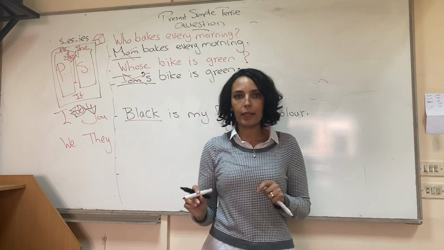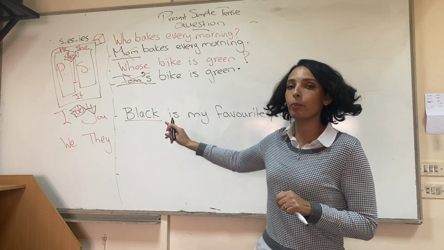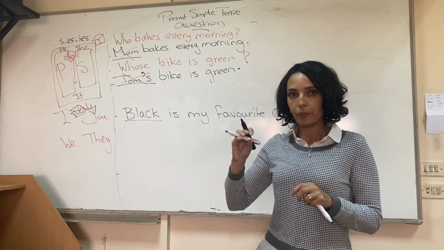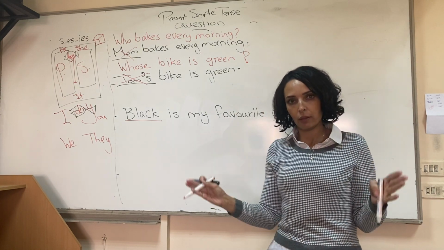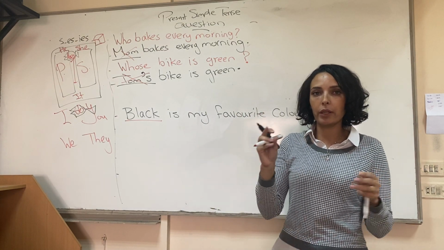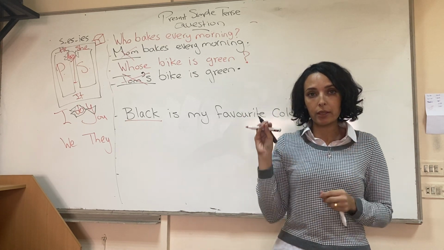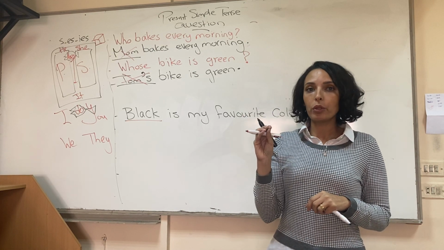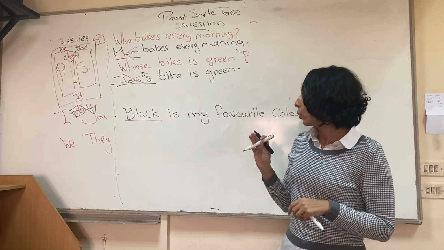Black is my favorite color. I want to ask about black. Here, you're like choosing something. You're having options of colors and you're choosing your favorite color. So in the case of choosing something, you will use which question word? Yes, I'm using which.